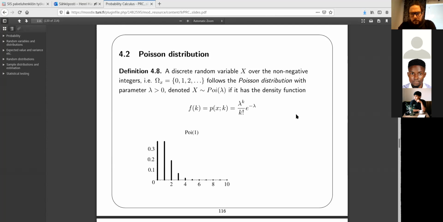So the thing about this Poisson distribution is that it's used, and I'll explain shortly how and why, as a model of the sort of situation where something may happen basically any number of times, but it's known on average how many times it happens in a certain time interval.